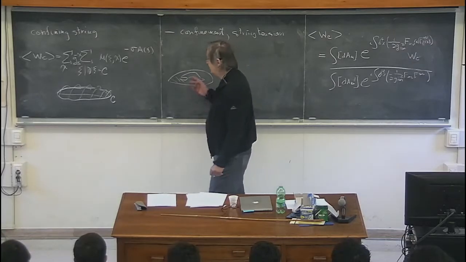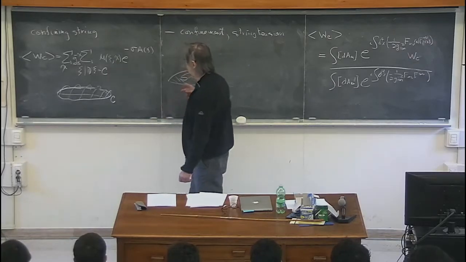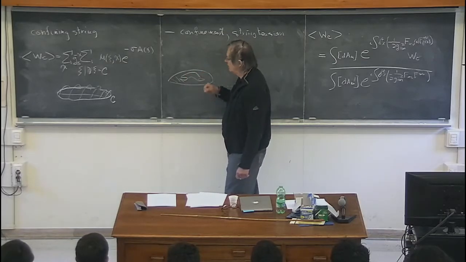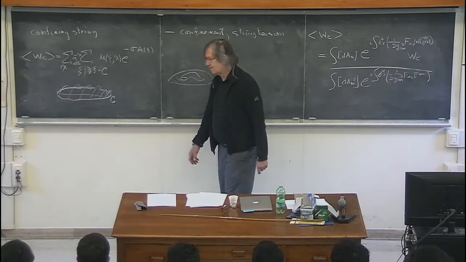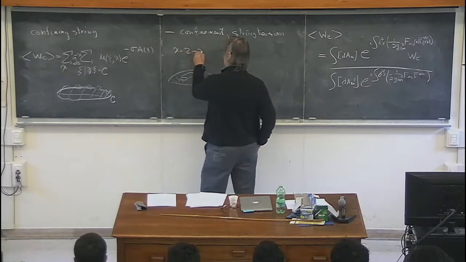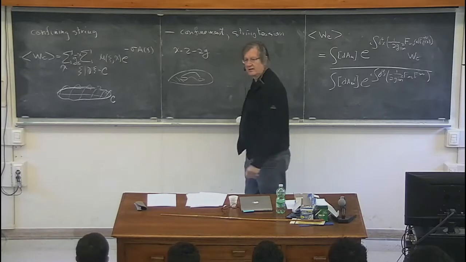So in a sense, increasing chi means increasing the number of handles here. Actually, it's decreasing chi, because the Euler number is equal to 2 minus 2 times the number of handles.